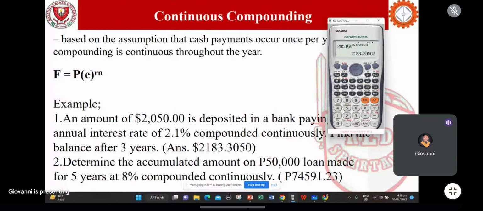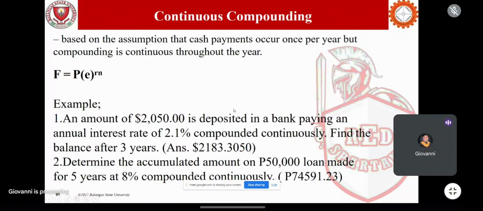Then for number 2, determine the accumulated amount of a 50,000 loan made for 5 years at 8% compounded continuously. So multiply lang ulit. 50,000 times e raised to rn, so 0.08 times 5. So I have 74,591.2349. Okay? So question po for the whole discussion.